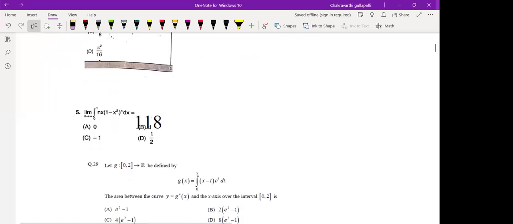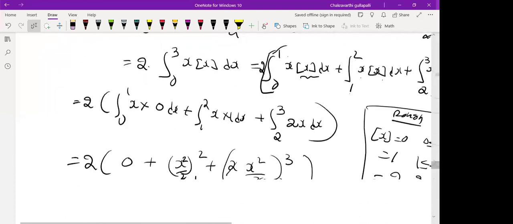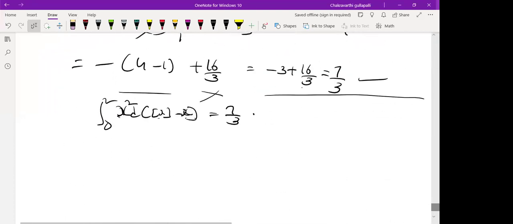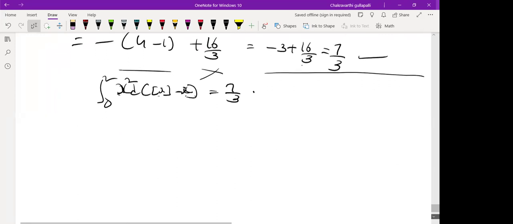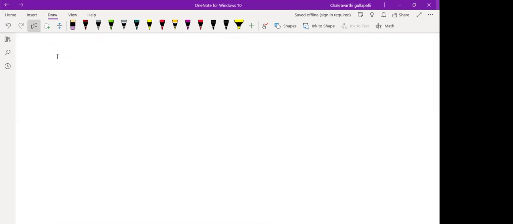I'll try to work that out. Let us go for this. I feel so happy working out the previous papers' questions.